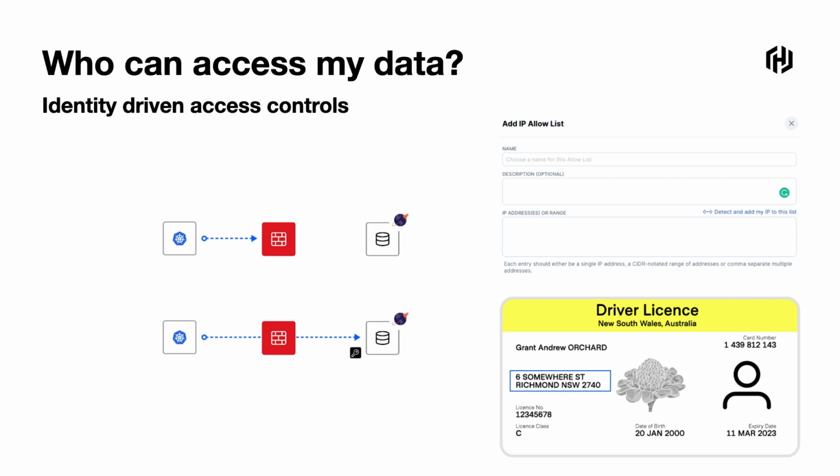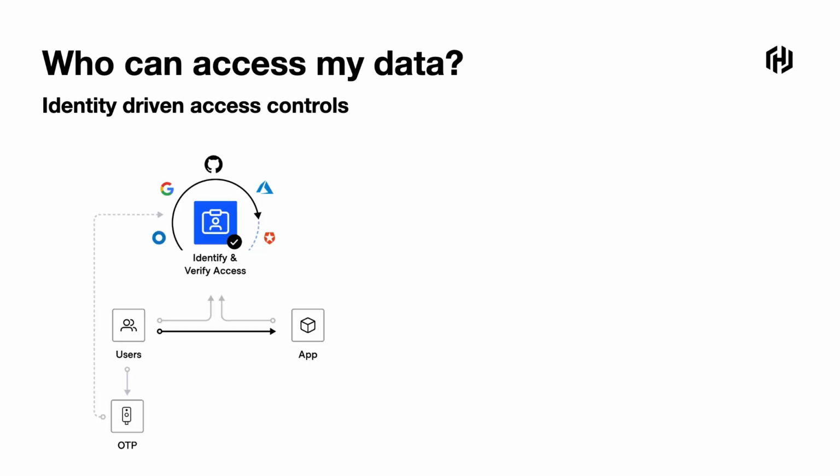Or that it's my product service, my product API, that's trying to communicate with my database. So we need to ask, how do we augment this capability of IP allow lists with something that's actually identity driven? I want to introduce you to how we tackle that problem more broadly across the industry, right?